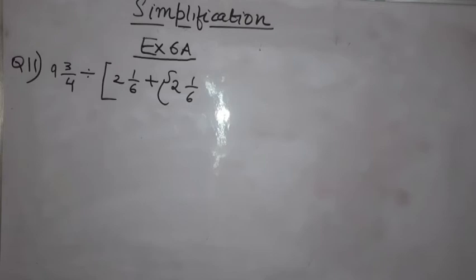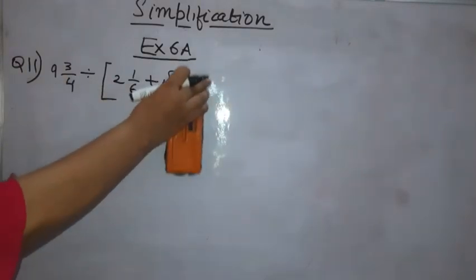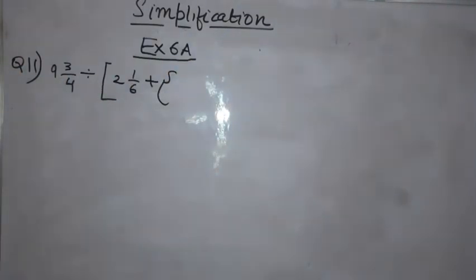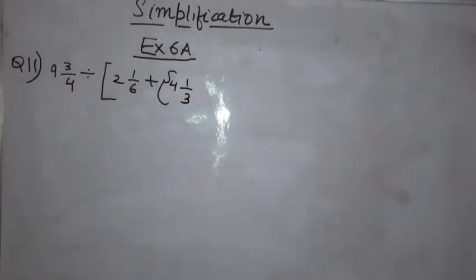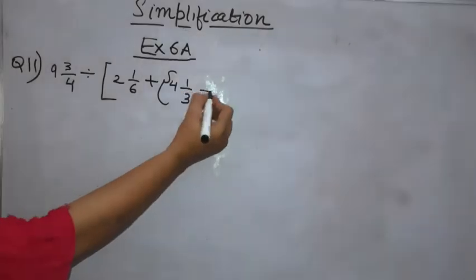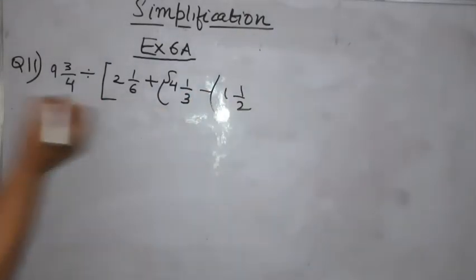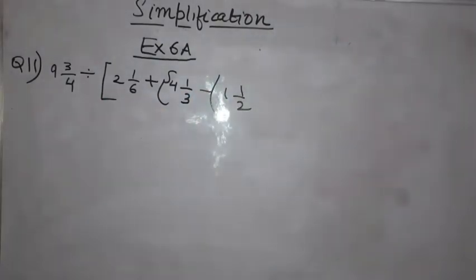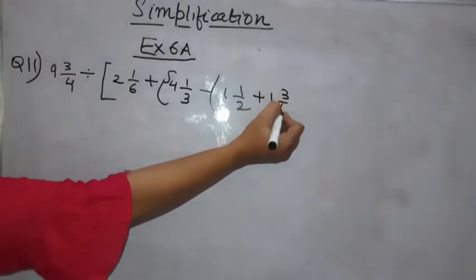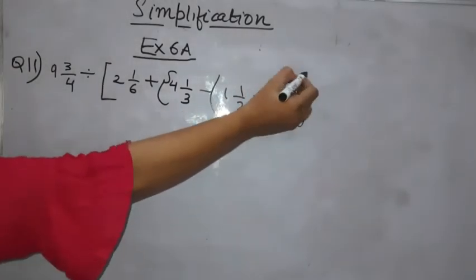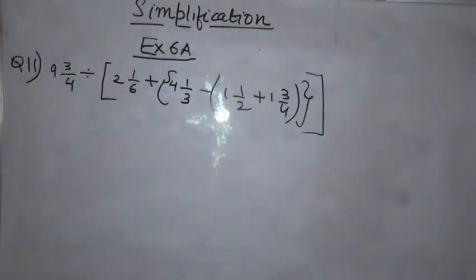So 2 1 upon 6, after that it is 4 1 by 3, 4 whole 1 by 3. Now minus small bracket 1 1 upon 2 plus 1 3 by 4, small bracket closed, and then again curly bracket and then big bracket. Okay students, so this is the question.